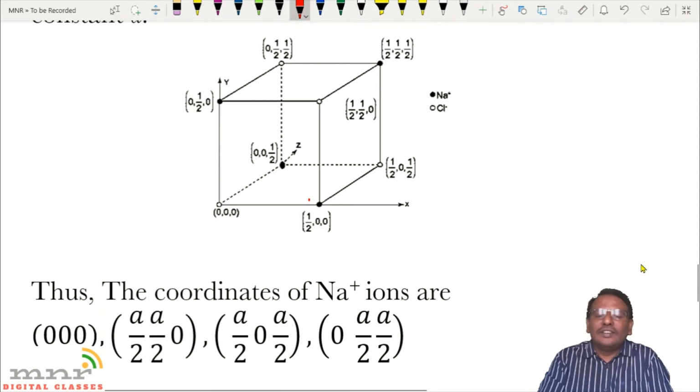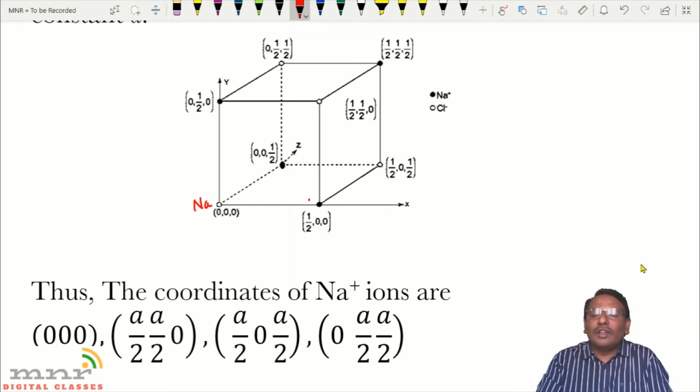Now, this is the origin. Let us say this origin is occupied by a sodium atom. So, the first sodium atom has the coordinates 0, 0, 0.